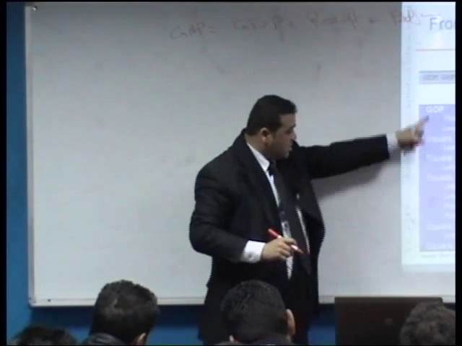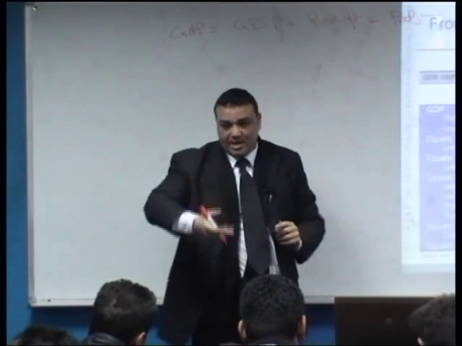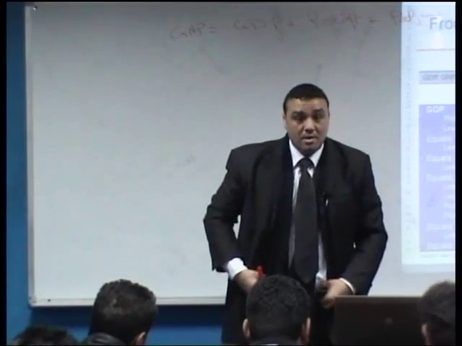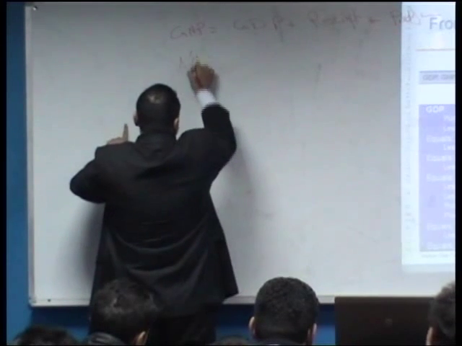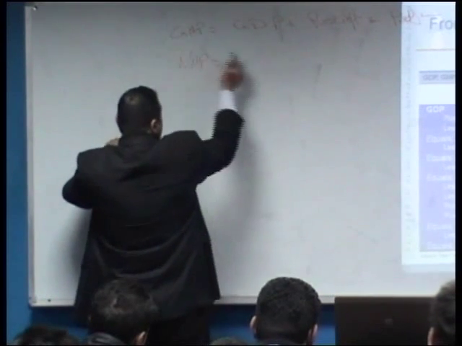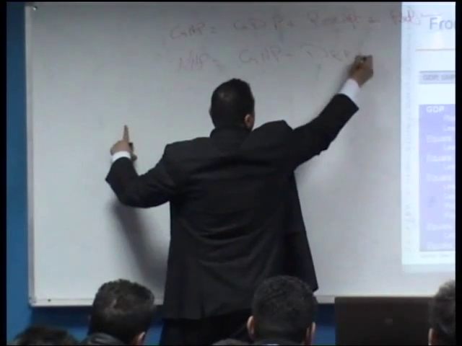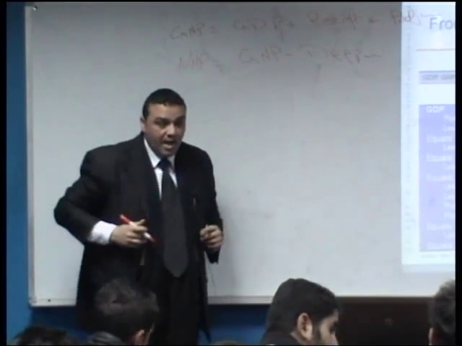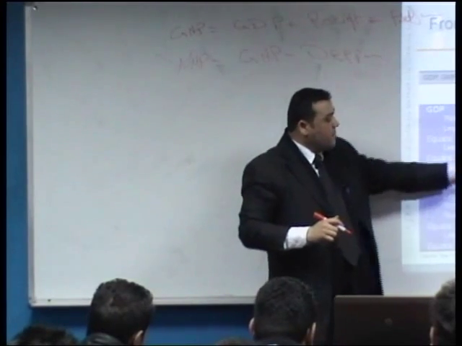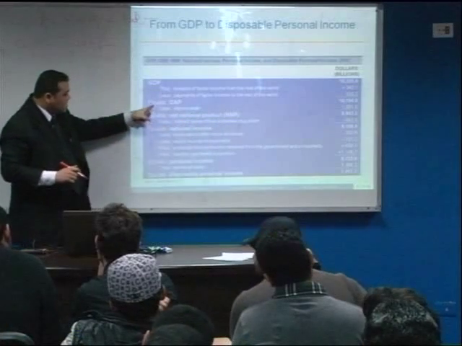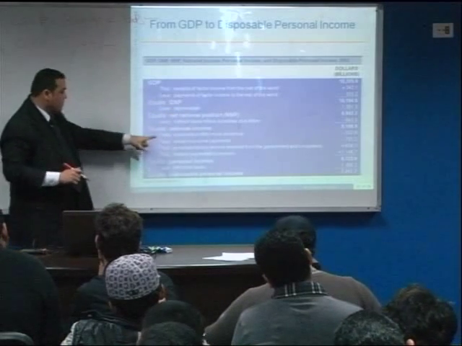GNP equals GDP plus receipts minus payments transferred outside, right? طيب NNP equals GNP minus depreciation. صح؟ So net national product equals GNP minus depreciation. صح؟ طيب what else?